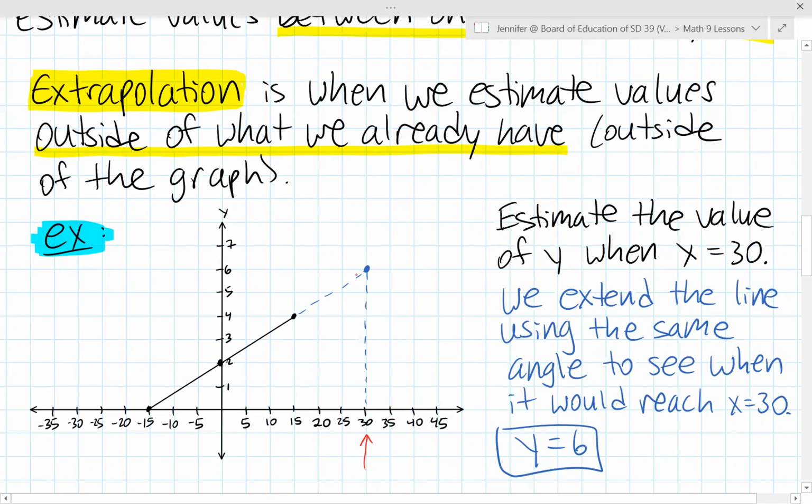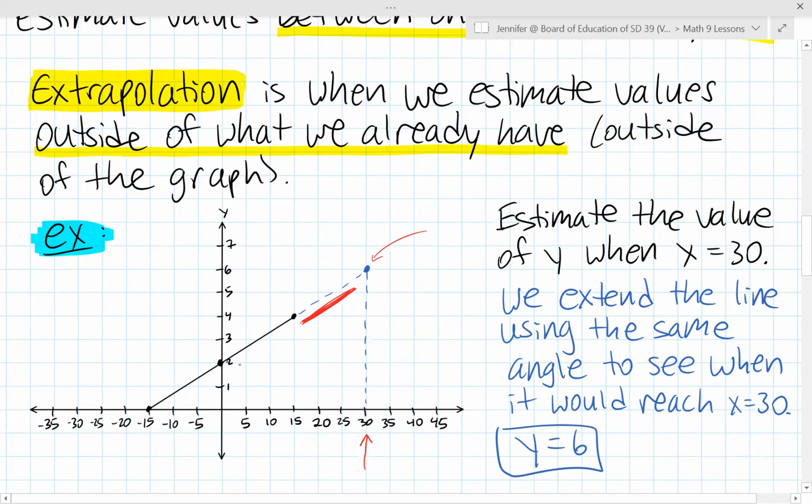So what I would recommend is getting a ruler or some straight edge, and if you hold it against your linear relation, you can see how the pattern would continue if it did continue. Because remember, linear relations are always a complete straight line. So when you do it this way, we continue our 30 up, and this part here is what would be continued if we put a ruler against our linear relation, and we get this point here.